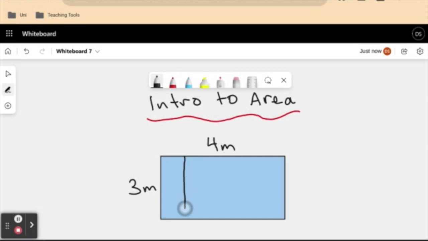So I'm going to break first our width into 4 equal bits, each here being 1 meter, 1 meter, 1 meter, 1 meter.